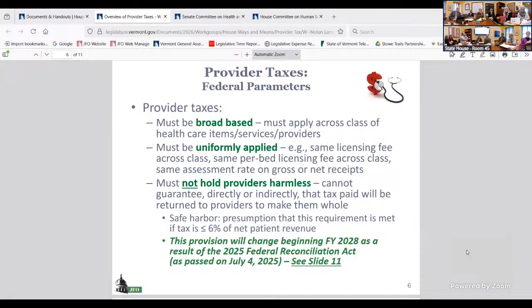But if you set your rate at 6% or less of net patient revenue, or the equivalent for different types of taxes, then they have historically said, we're just going to take you at your word that you're not holding anybody harmless. And as we'll go over in future slides, this provision starts changing in fiscal year 2028 as a result of HR1, the Federal Reconciliation Act, that was passed in July of '25.